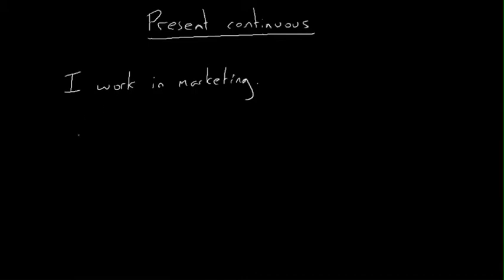It's a general fact about myself. But let's compare that with the example of I'm working. So let's say, for example, I work in marketing, and at the moment I'm working on a new project. So two examples, one in the present simple, one in the present continuous.